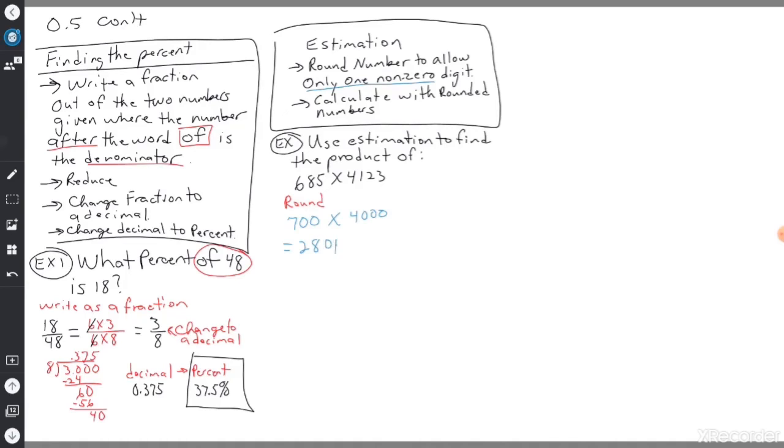So we have 2 zeros from the first factor, and then 3 zeros from the next factor. Put in our commas. So when we round this by estimation, we find that our result is 2,800,000.